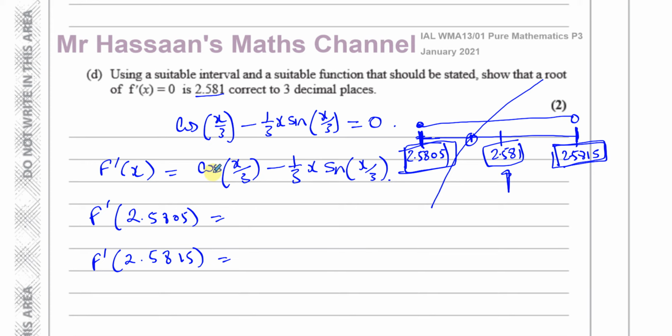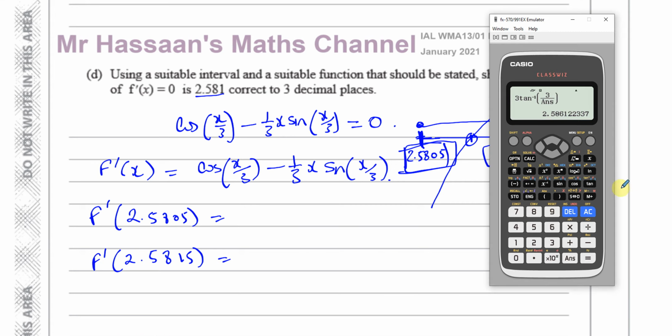So now let's substitute this value into this equation. I'm just going to do it straight away without writing down all of that. I have to take the lower bound and the upper bound, so I have to use these values exactly.